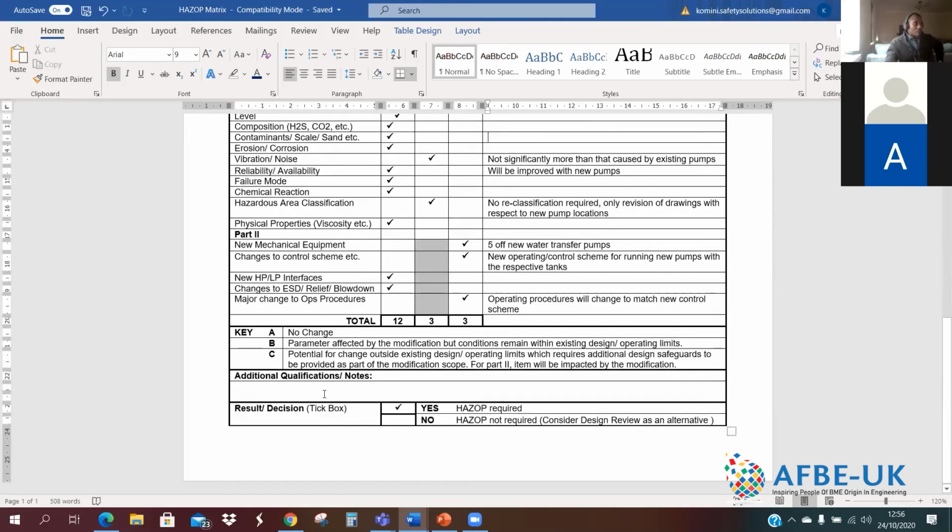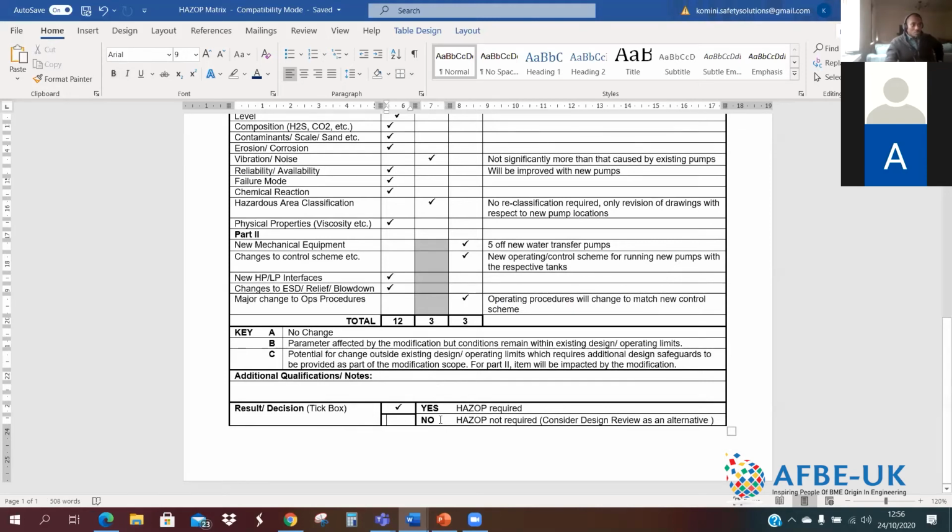And at the end of the day, you decide at the very bottom here: is a HAZOP required? We take yes, since for this particular sheet you've got 3 ticks in the C column, so that alone tells you. If you only had 3 ticks in column B, you probably wouldn't need a HAZOP because you need to have more than 5 ticks in there to do a HAZOP.